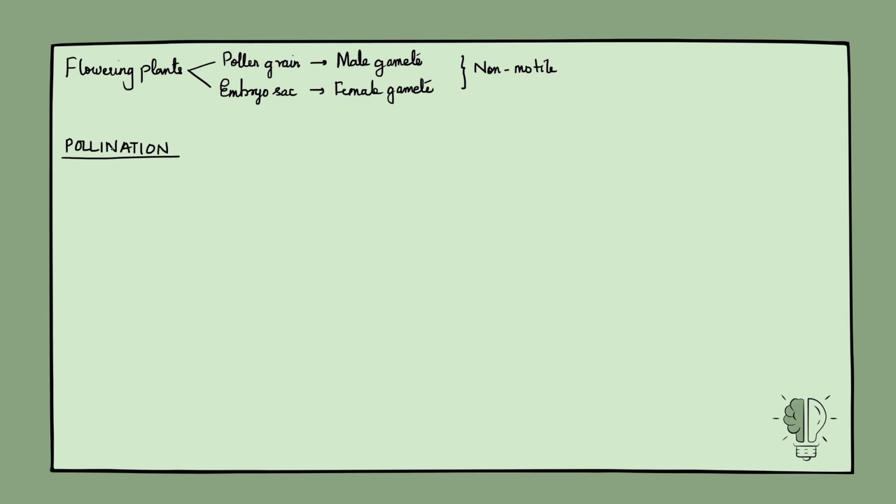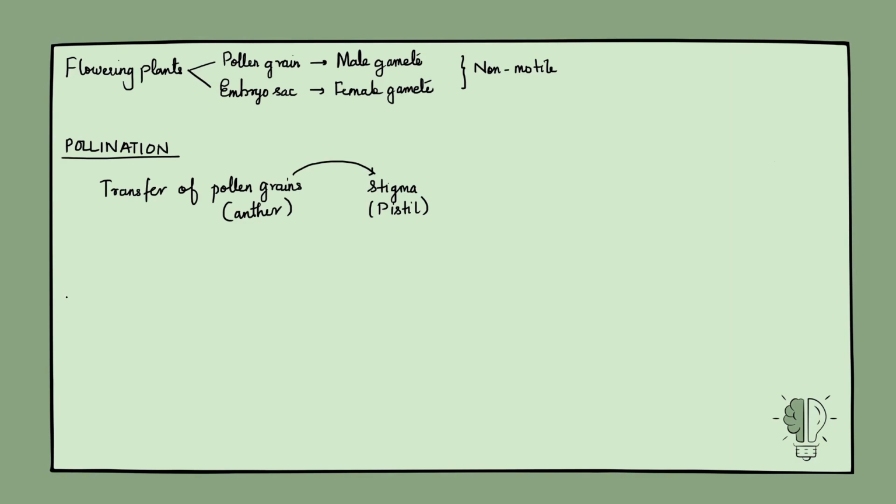Now let's first see what is pollination. Pollination is the transfer of pollen grains from the anther to the stigma of a pistil.